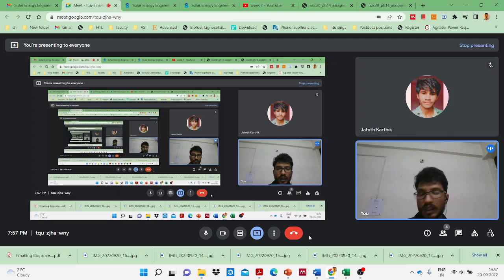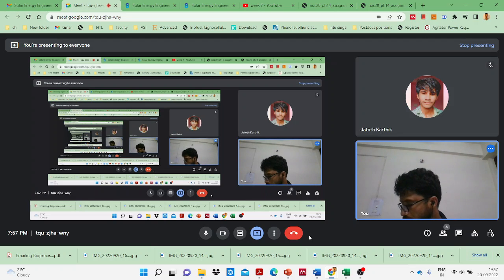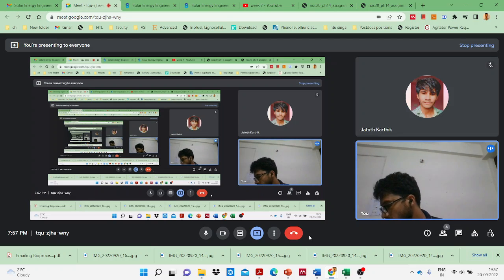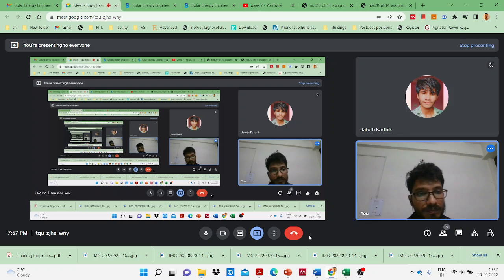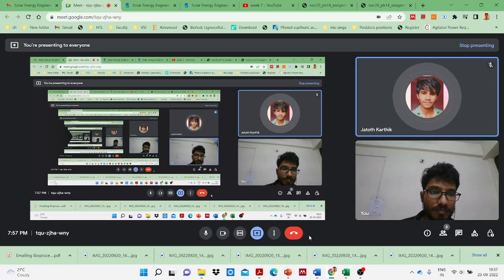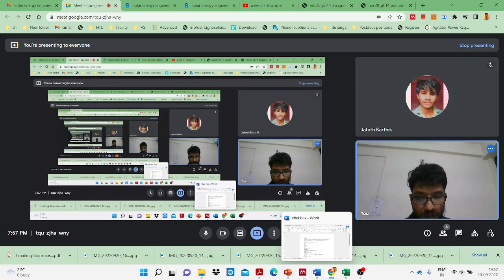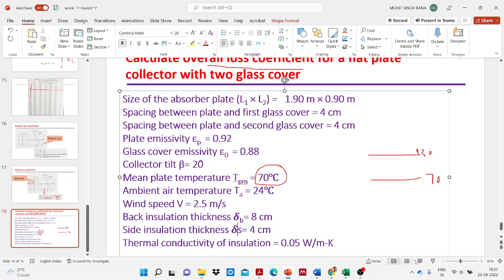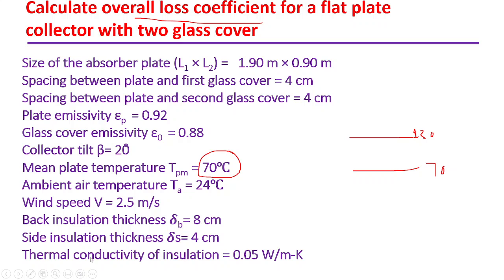Do you have the value of Ki with you? No, sir. Okay, I'm sharing the slide. Ki is the thermal conductivity of insulation, and the value is 0.05 watt per meter Kelvin. Okay, then we have to calculate the bottom loss coefficient.